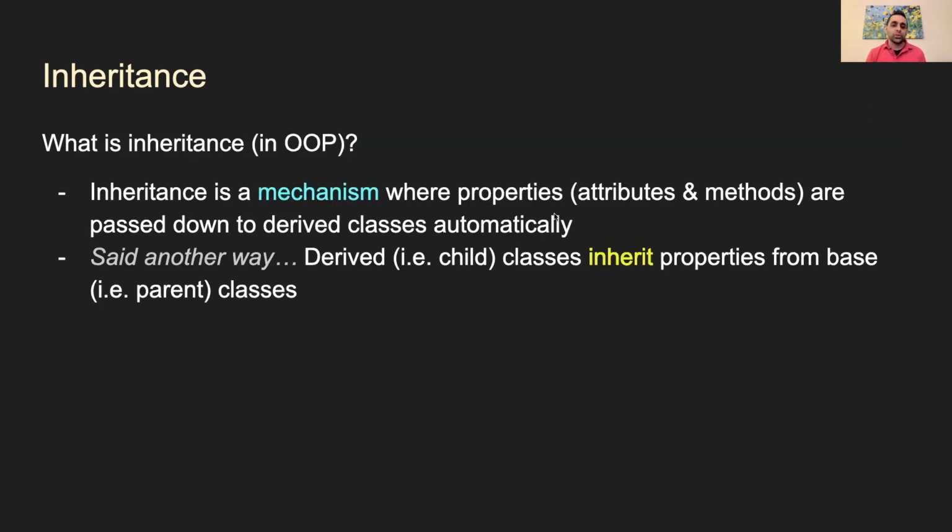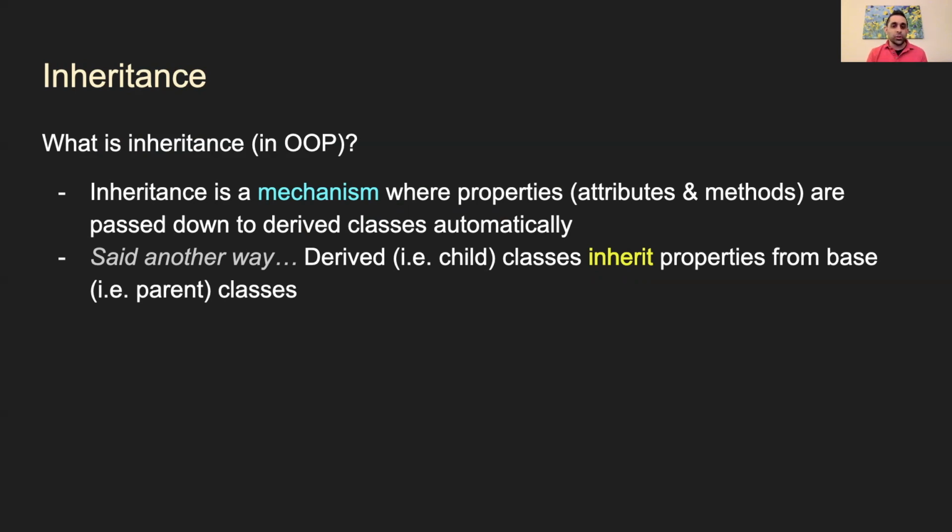To give a formal definition of inheritance within OOP, we could define it as a mechanism where properties, in this case attributes or methods from classes, are passed down to derived classes automatically. To state that another way, we could say that derived classes inherit properties from base classes.